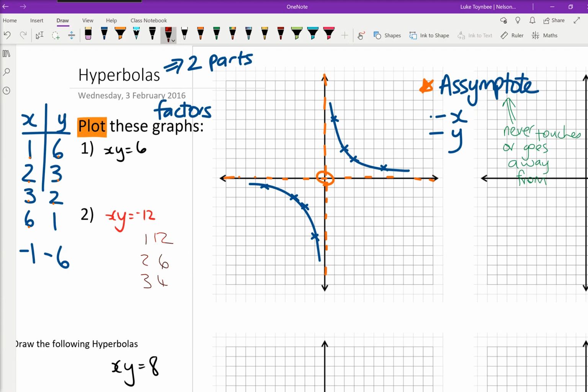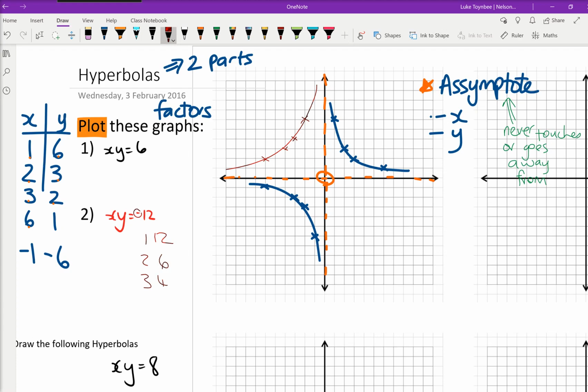But this is a negative. Okay, so I'm just going to have -1 and 12, -2 and 6, -3 and 4, -4 and 3, -6 and 2, and there's my hyperbola there.